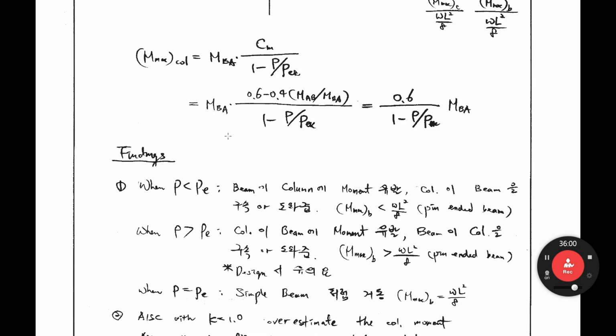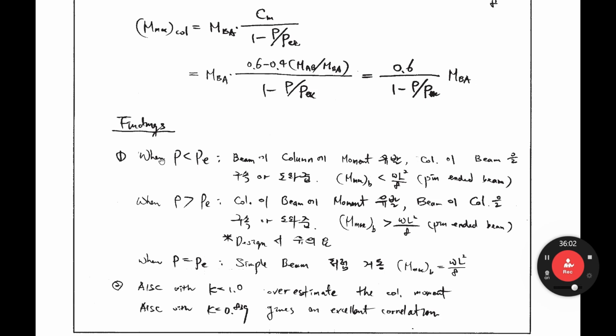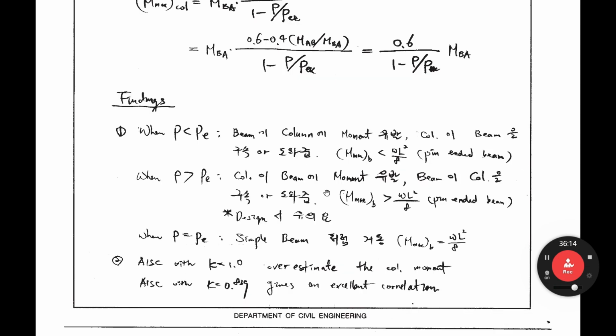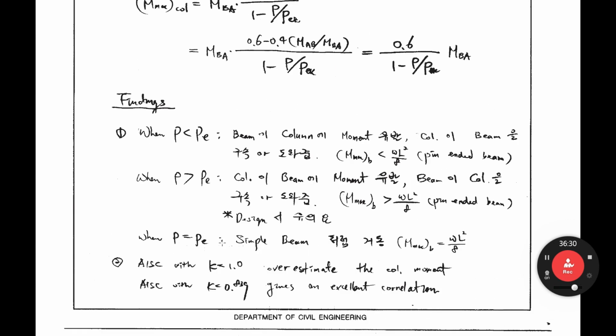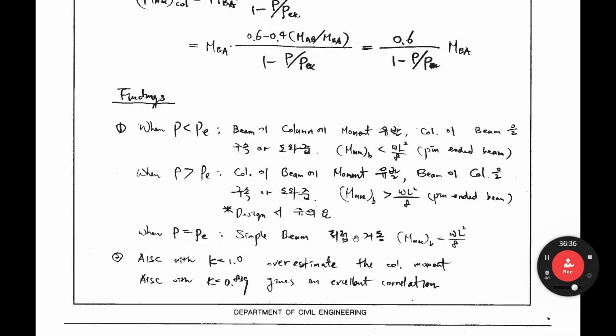So the finding: when P is less than PE, the column helps the beam. When P is greater than PE, the column causes beam moment, so the beam helps the column. When P equals PE, it shows simple beam behavior. So AISC with K equal 1 overestimates the column moment. AISC with K equal 0.839 gives an excellent correlation.